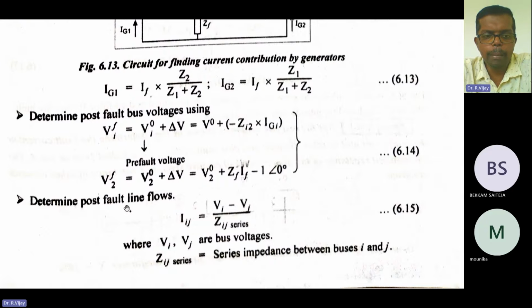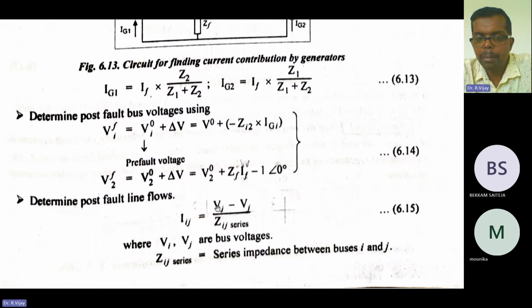Next, how to determine the post-fault line flows? Post-fault line flow is Iij equal to Vi minus Vj divided by Zij series. Vi and Vj are the bus voltages, that is, the voltage at bus i and voltage at bus j, and Zij series is the series impedance between buses i and j.